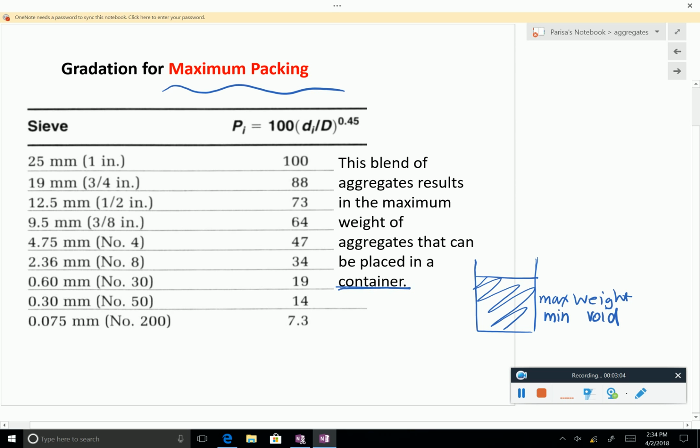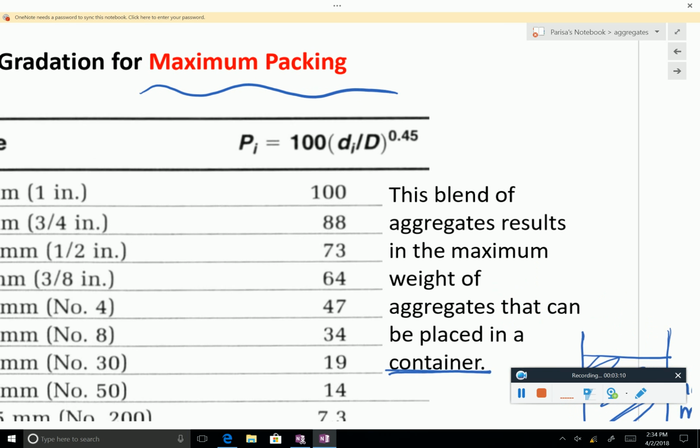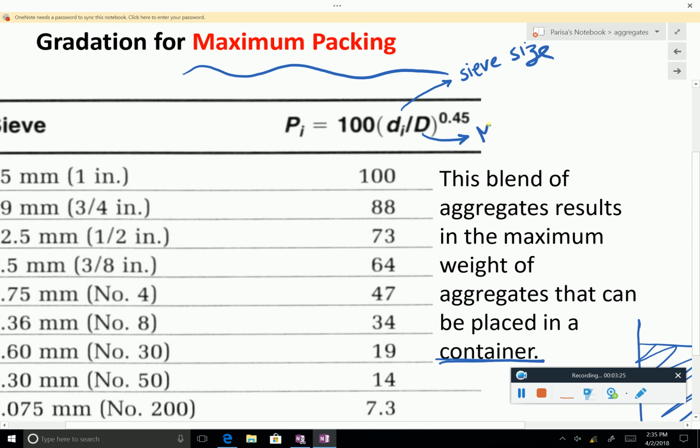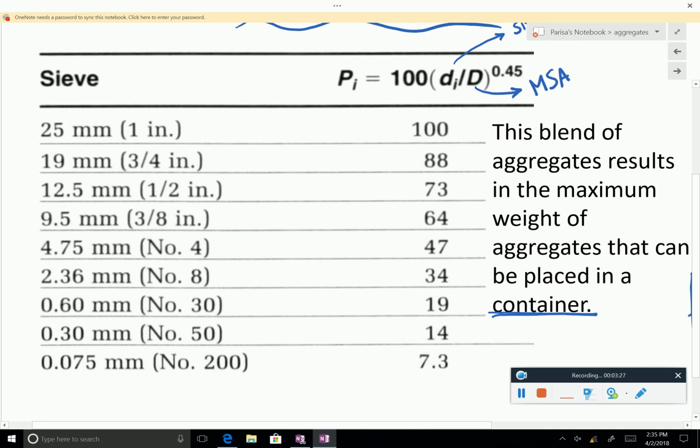And it turns out that the relationship is like that. So to get the maximum packing, basically the theoretical percentage is 100 times the sieve size ratio. And this is the maximum sized aggregate.